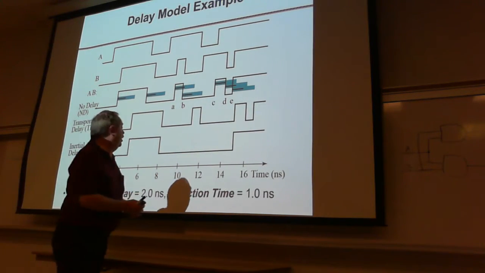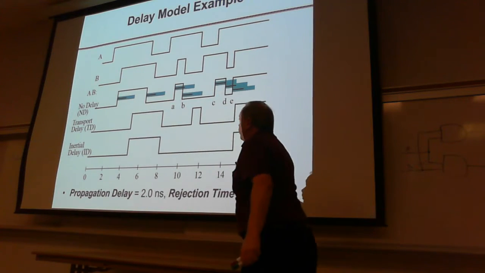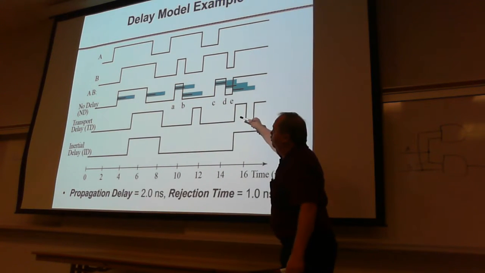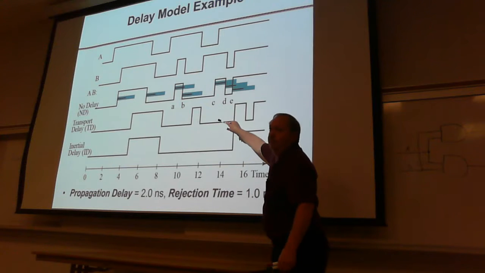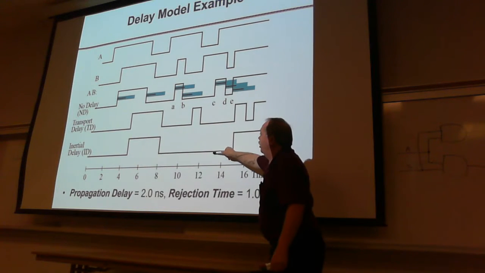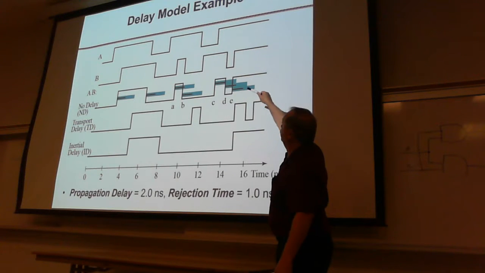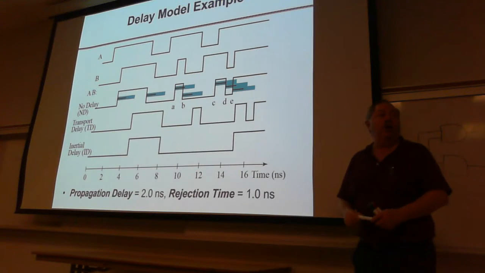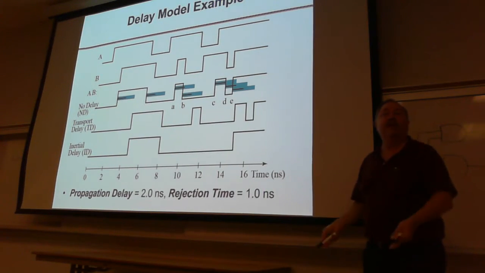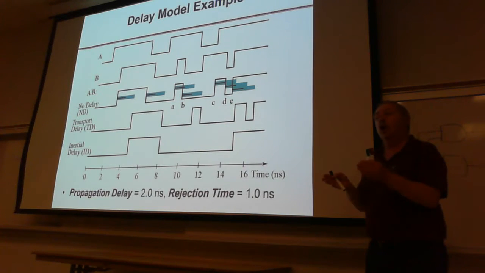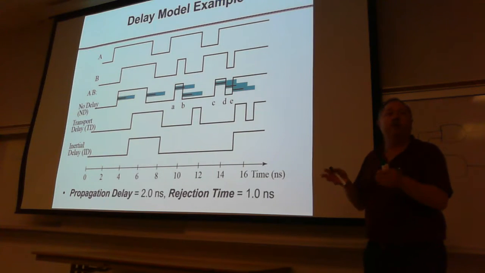So what I get here under the inertial delay, saying, yeah, transport delay, it's going to get fooled some of the time, but our inertial delay is going to smooth over it. So in fact, what we get are just those cases where they both switched and stayed at that value long enough to overcome any noise spikes that might have been occurring in the system.